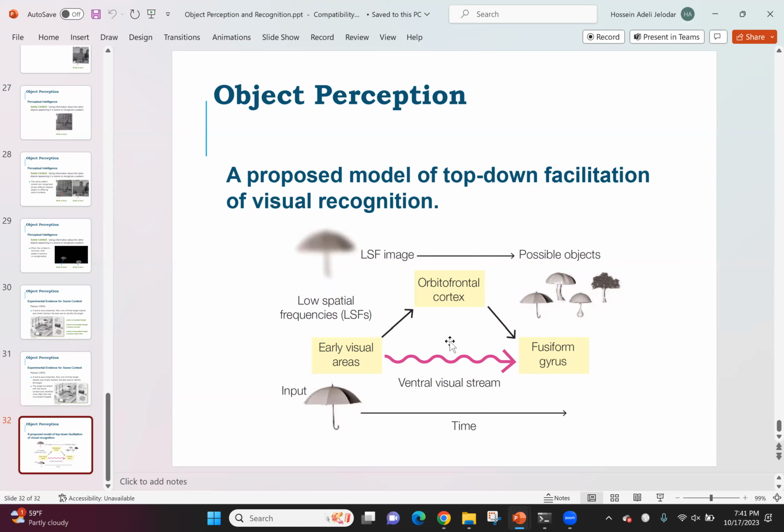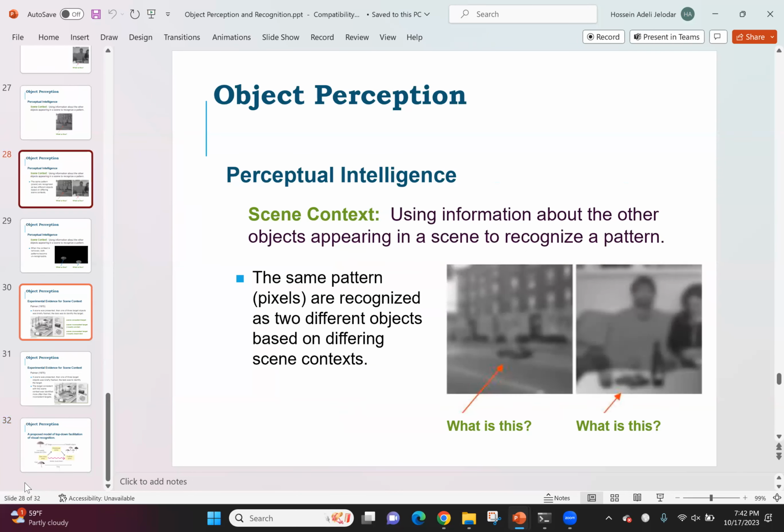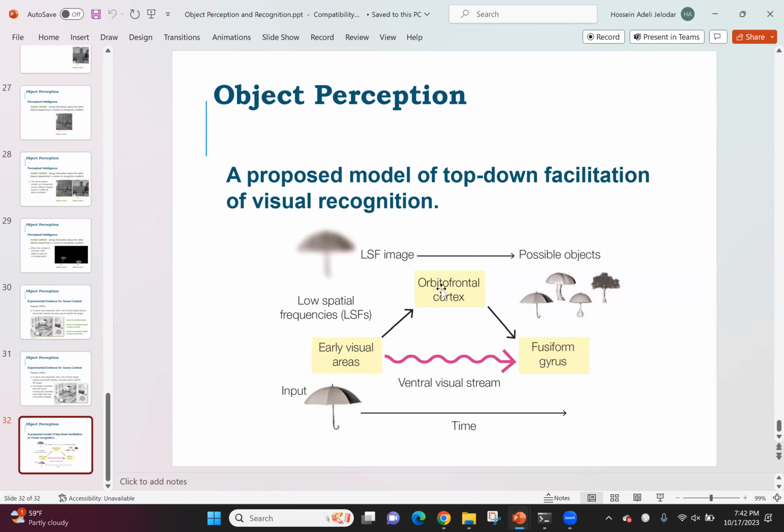This goes to the orbitofrontal cortex. So this is a frontal area, and that could impact the fusiform area. In the case of this example, these are the same people who did this experiment. You could say, well, even when you have a low resolution perception of the scene, you could create some understanding of the scene in your frontal area.